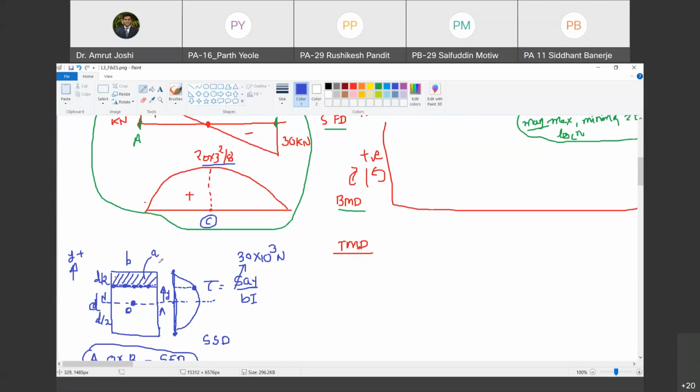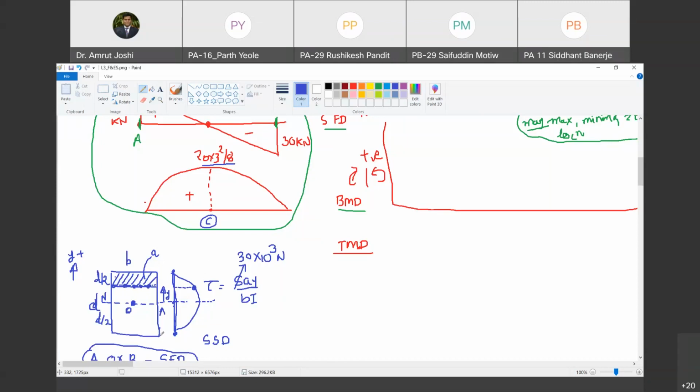Do you agree with me? Yes, sir. When I am at Y equal to minus D by 2, at that time also A is 0 because A is the area on the opposite side of neutral axis. Happy? Yes, sir. So on the side of y where the neutral axis is lying, the remaining area of the cross section on the opposite side, by definition, that is A.